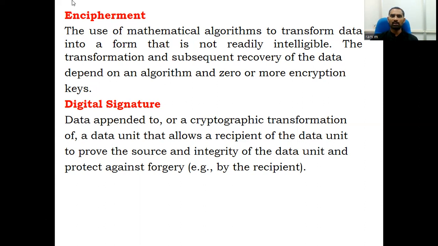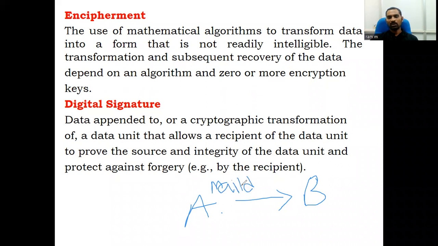For example, there are two communication entities, A and B. Now A will send a message to B. What will A use? A will use his mail ID. Now, if B receives a message from A, B can claim that he has received the message from A, from the mail ID of A. Here we can consider this mail ID as a digital signature.